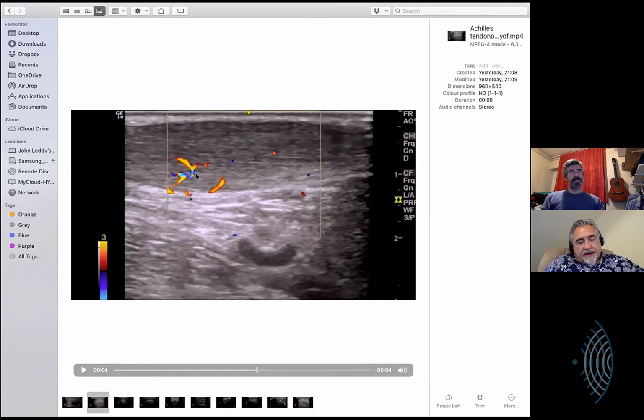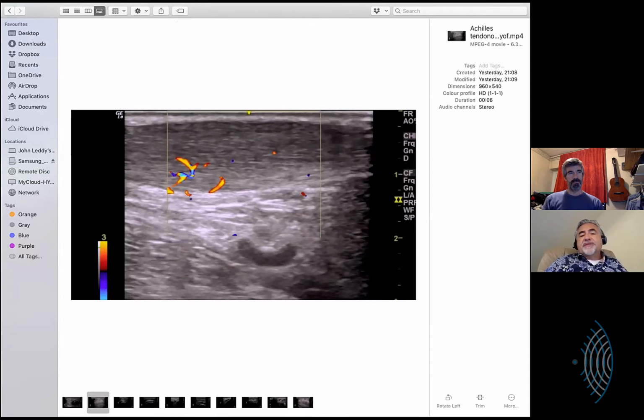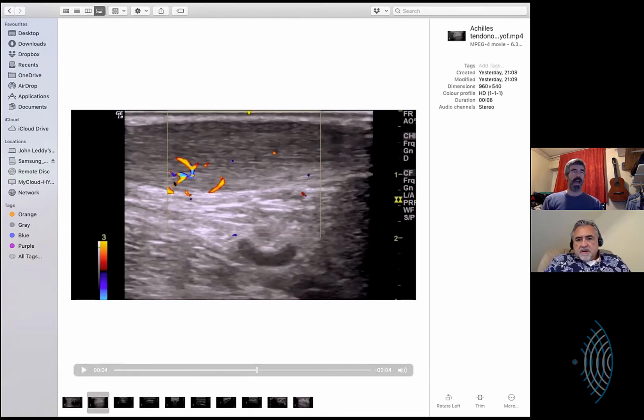Am I not right to say that histologically the tendon should not have vessels in it? Is that correct? I am not sure that's wholly true. I've read this and that, as have you, and I am not sure that's the whole story.